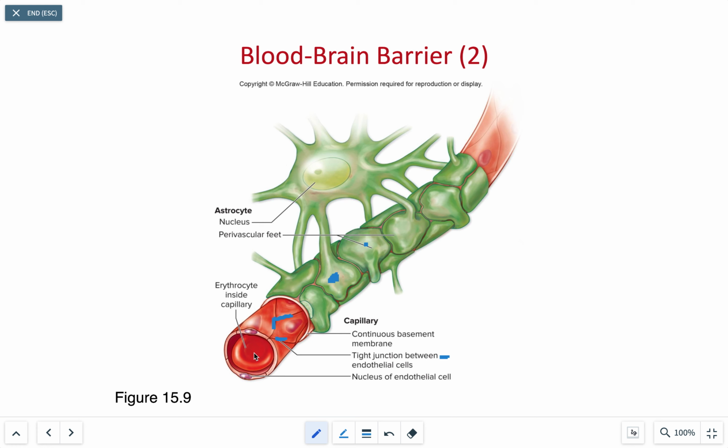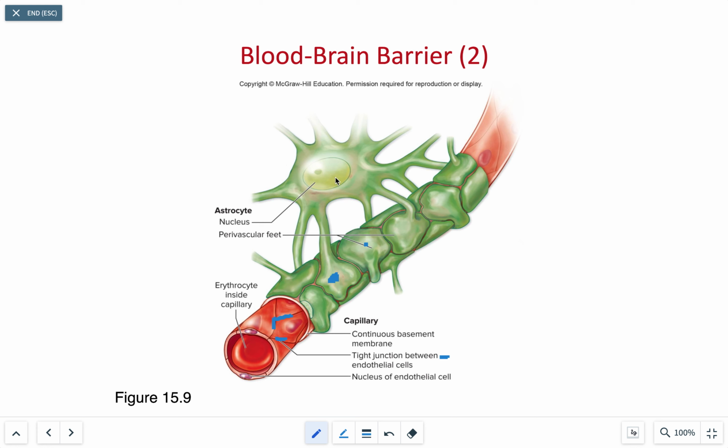The erythrocyte would be located on the inside, and the astrocyte will dictate the permeability principles and will allow what particular ions need to come into the interstitial fluid of the brain. So we do see a reduction of the blood-brain barrier.